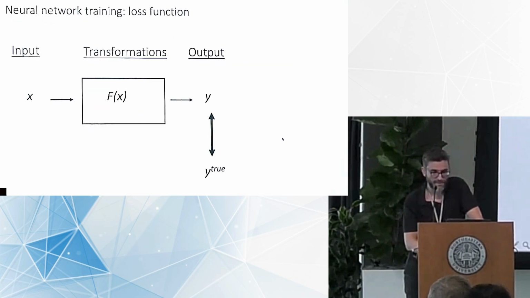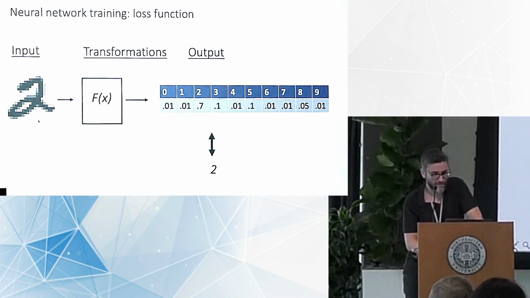And then we said, okay, in order to decide how to update your parameters, you need some measurement of the difference between the output of the neural network and the true data. So for this handwritten digit task, you learn some transformations that give numbers between 0 and 1 across a set from 0 to 9, and that has to be compared with the true label.